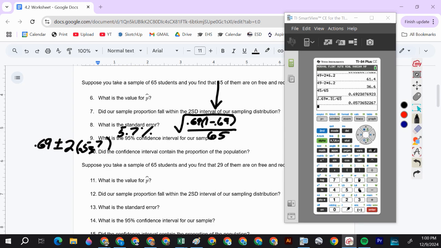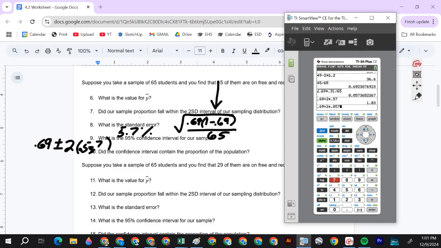So 0.69 plus 2 times 0.057, and then the same calculation with a subtraction in there.